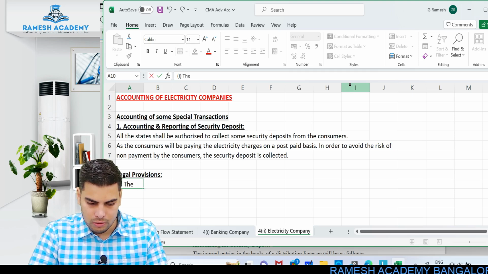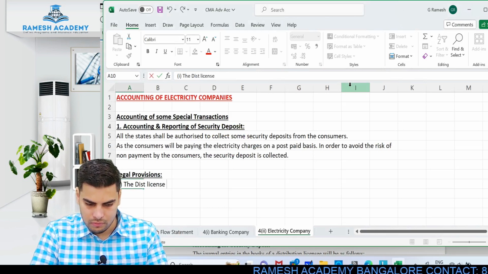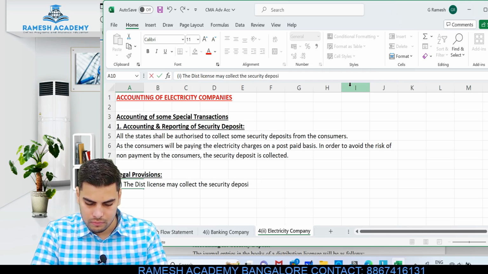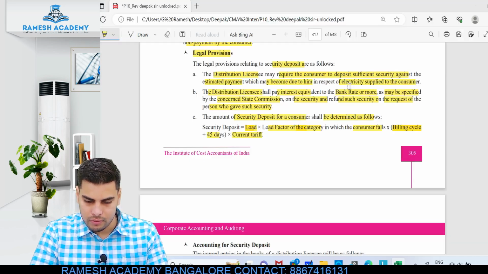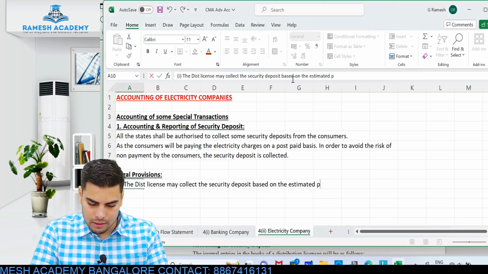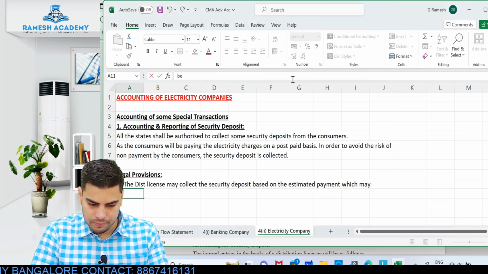So the distribution licensee may collect the security deposit based on the estimated payment which may become due by the consumer.